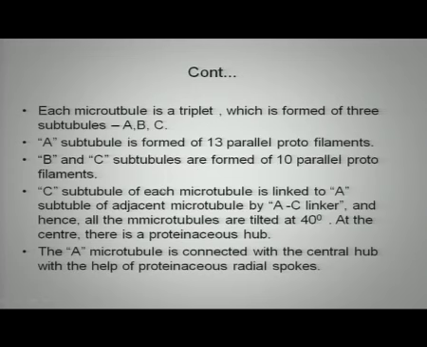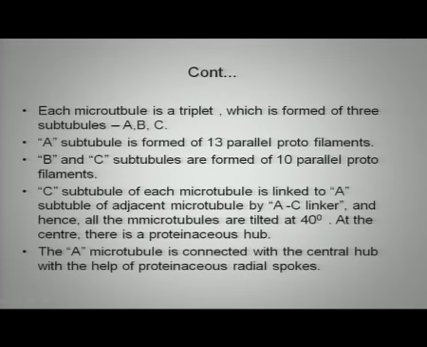The C subtubule of each microtubule is linked to the A subtubule of the adjacent microtubule by an AC linker, and hence all the microtubules are a little bit tilted at 40 degrees. At the center there is a proteinaceous hub.